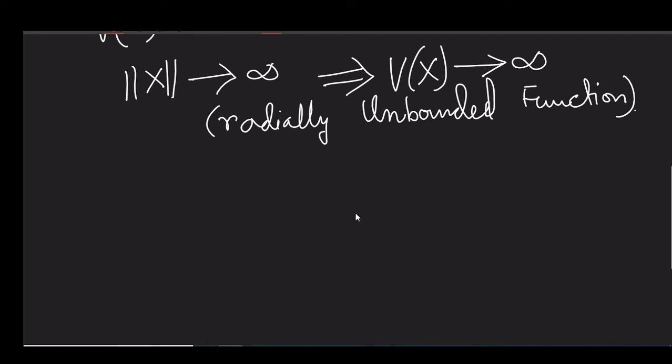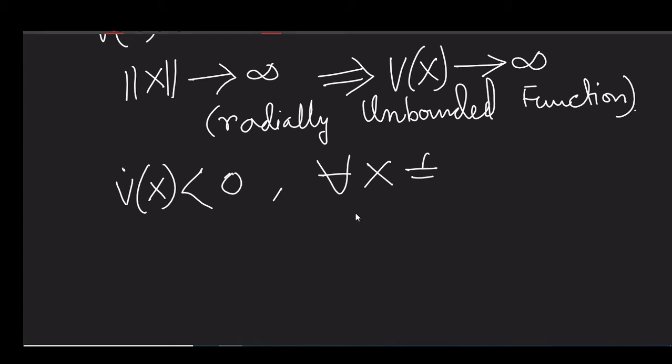So here you will get that V dot x is less than 0 for all x not equal to 0. See, in the previous case, what we used to define was for all x belongs to D minus 0, but now we are getting V(x) defined over, instead of capital D, your entire state space.